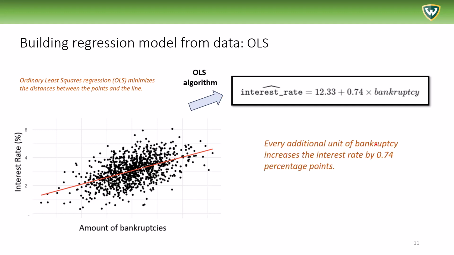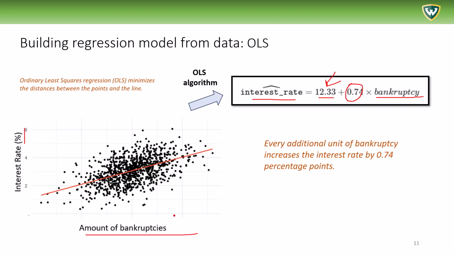An explanation of how to interpret this is that every additional unit of bankruptcy, the X variable here, increases the interest rate by 0.74 percentage points. So that's how we interpret this number. The alpha or y-intercept just kind of stays there. If you want the specific calculation, you need to add it. But if you just want to understand the impact of bankruptcy on interest rate, in general, on average, it's 0.74.